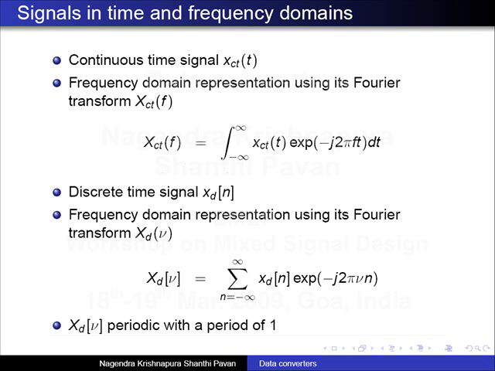And finally, one thing to note is that the Fourier transform of a discrete time signal is periodic with period 1. So X_d looks like something from 0 to 1, and after that it keeps repeating. I'll show pictures of this also.